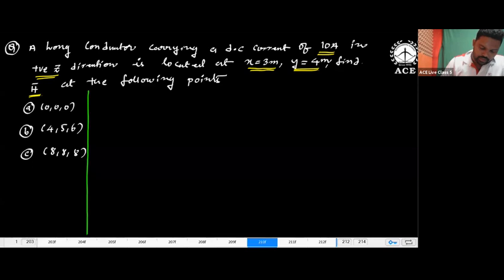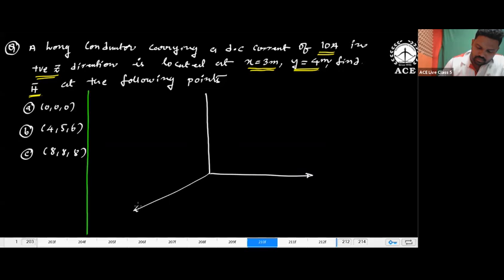Yes. So where this infinite line current is located, let me draw the coordinate system. Here it is x-axis, here it is y-axis, here it is z-axis. Where this infinite line current is located, x is equal to 3 meters: 1, 2, 3. Y is equal to 4: 1, 2, 3, 4. Let me make some box out of this.